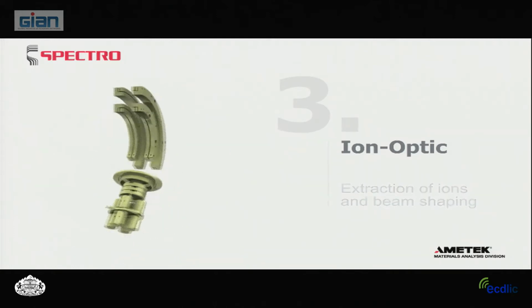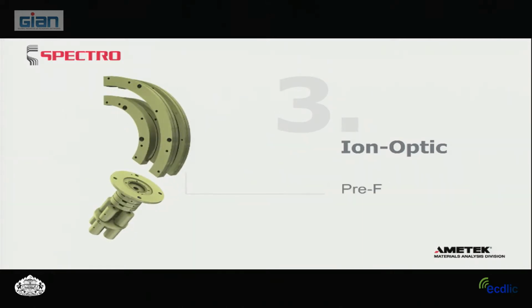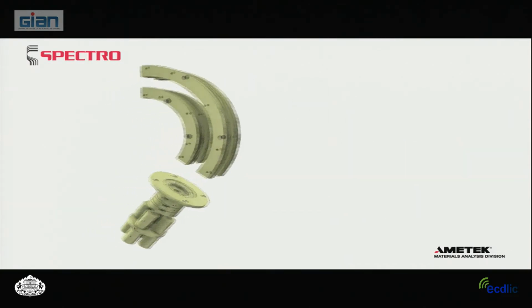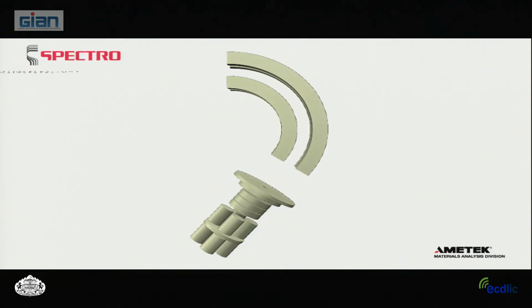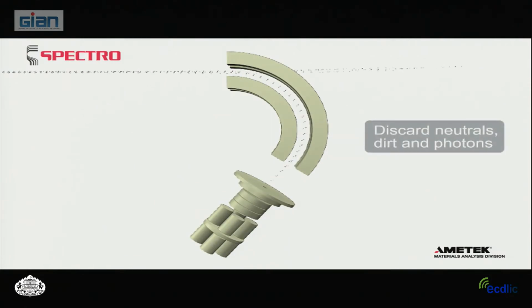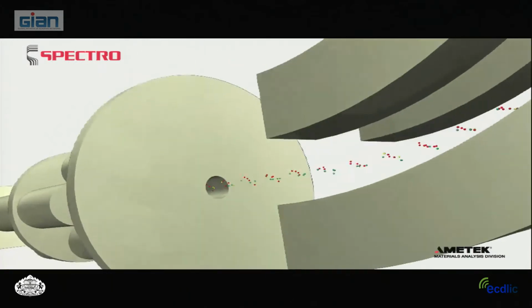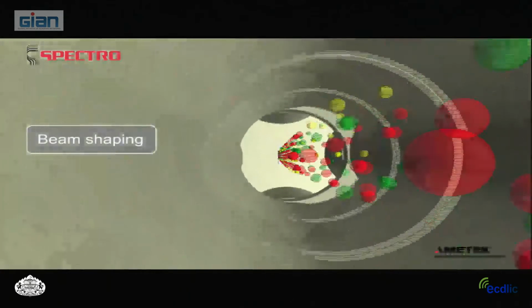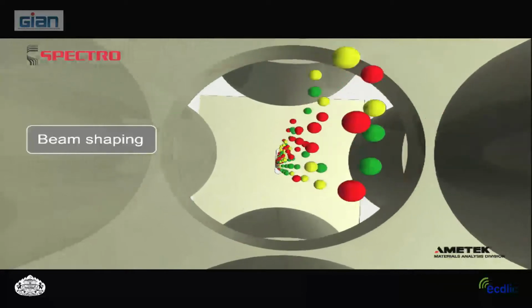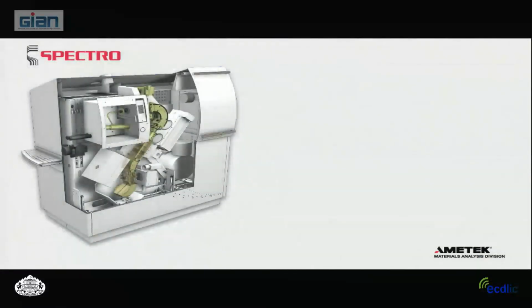So this is the ESA filter. This is the focusing quadrupole. Oh, dirt. So the quadrupole is effectively shaping the signal.